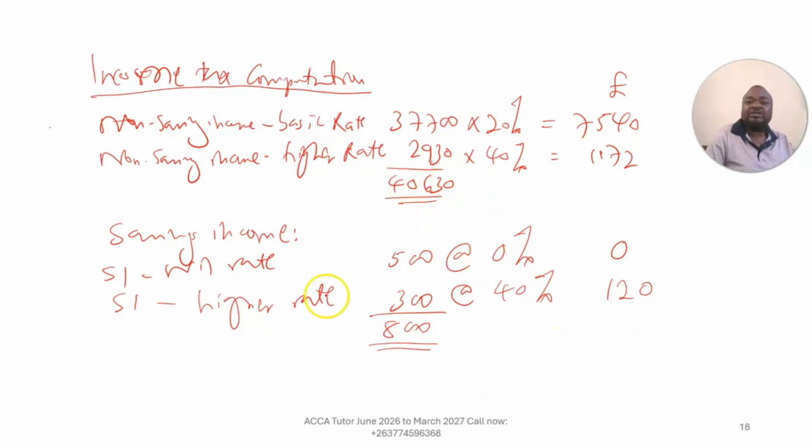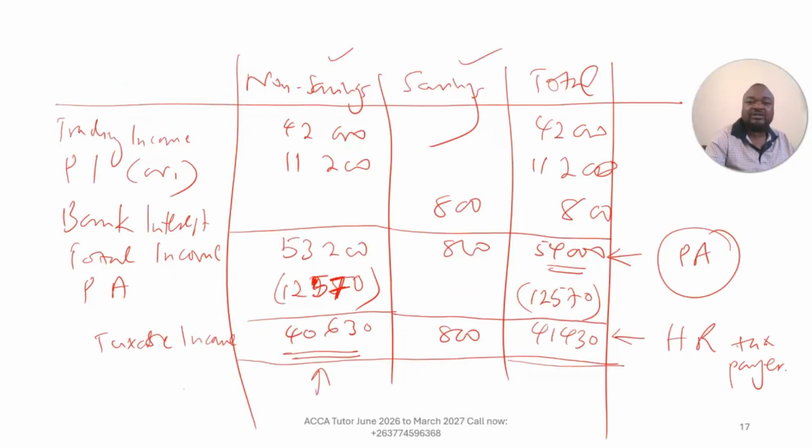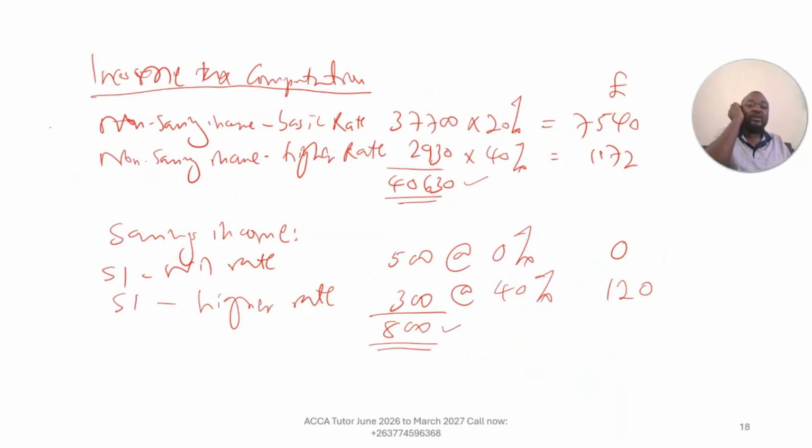You can then cross-check to see if you have included all the figures by adding this amount and that amount. They should come to the total, which was 41,430. If they don't, you would have made some error somewhere.